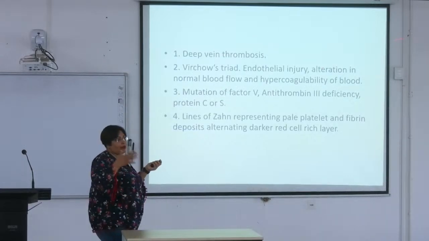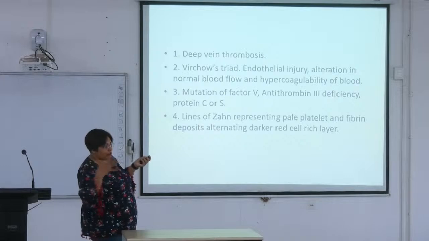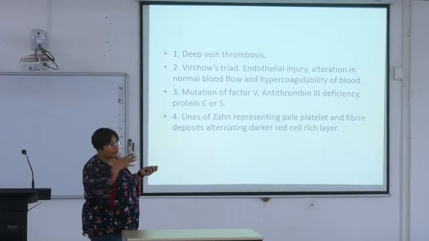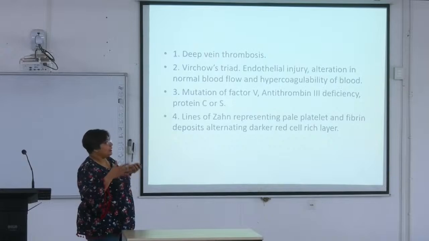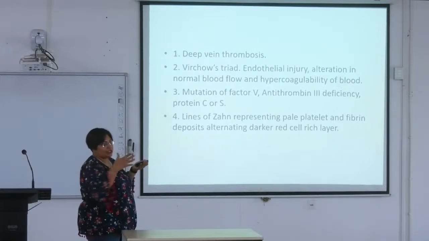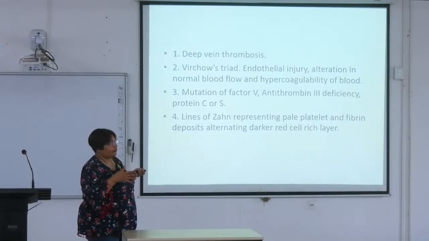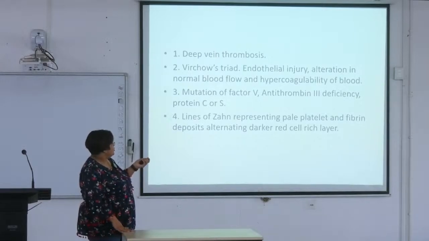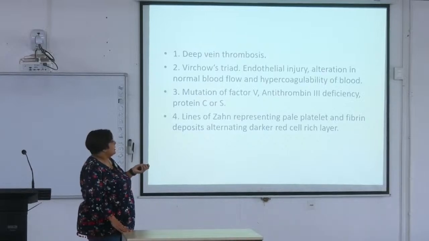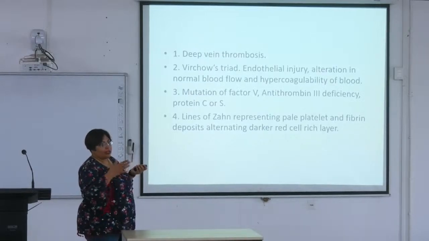Normal blood flow is a laminar blood flow, that means the cellular components of the blood flow in the middle, and the plasma component of the blood flows alongside the vessel wall. This is the normal blood flow, which is called laminar blood flow. If there is an injury to the blood vessel, or there is alteration in the viscosity of the blood or hypercoagulability of the blood, then what happens? The normal blood flow is hampered.